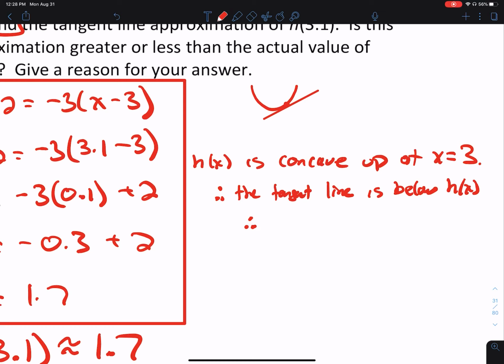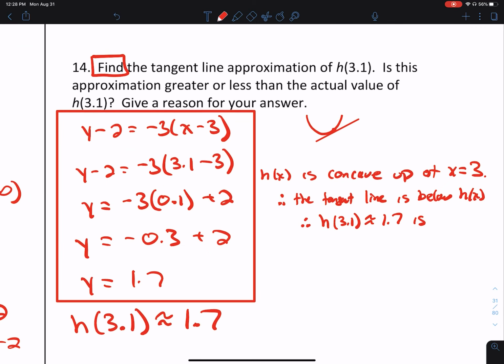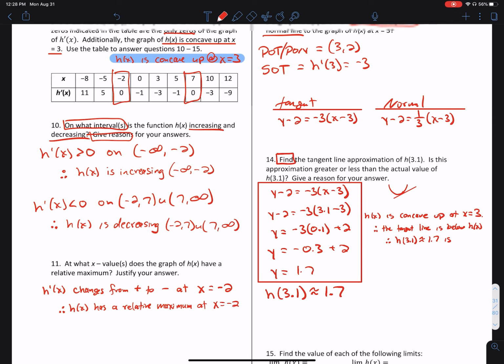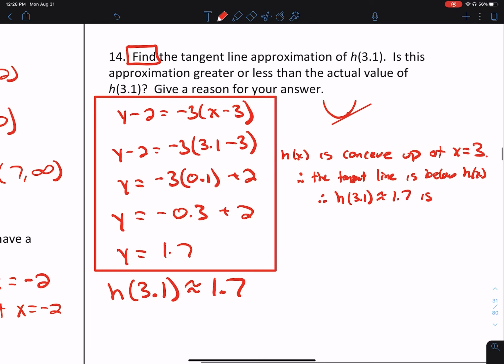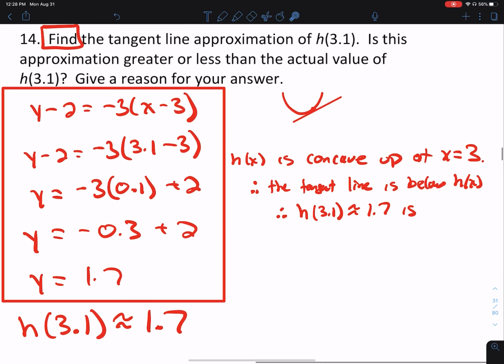Therefore, h of 3.1, which is approximately 1.7, is, hold on a second, this is concave up? Yeah, it's an under approximation. So I just want to make sure I answer the question the way it's asked.